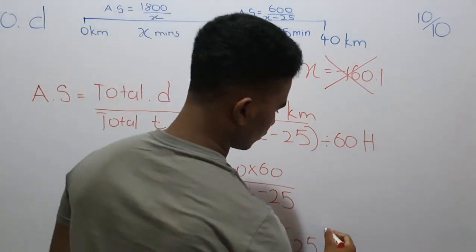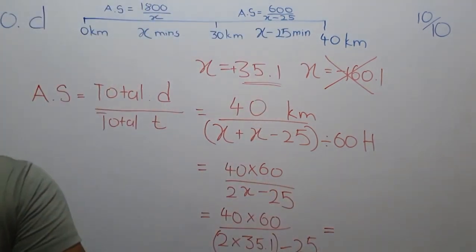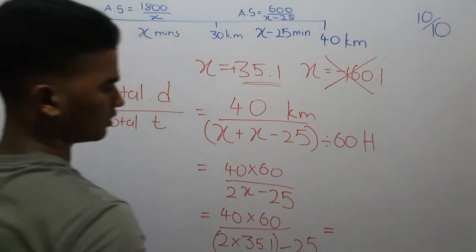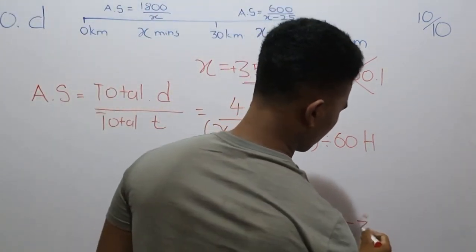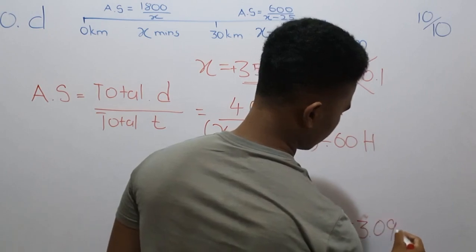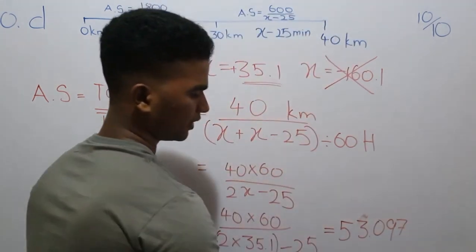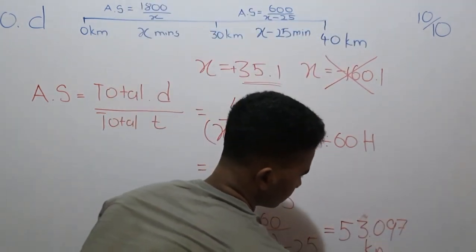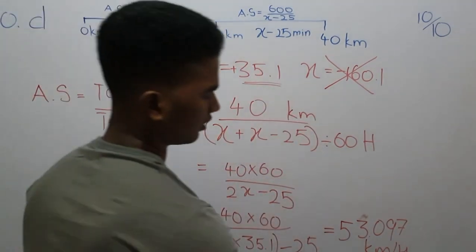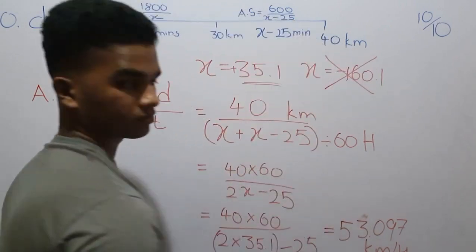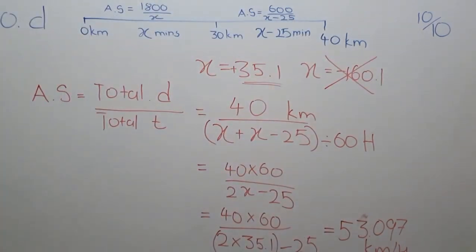So this is equal to 53.097 kilometers per hour. So this is the final answer. So in this part, we are done with the paper.